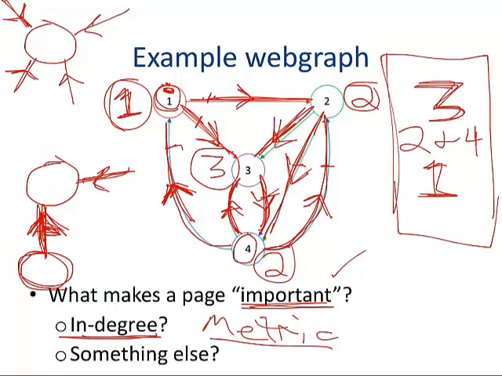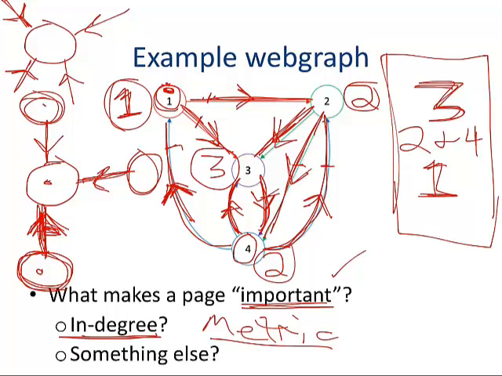So we have to have some way to weight this in degree notion by how important those other pages are. Each page's importance is going to be determined in some way by the importance of the pages that are pointing to it. So if I'm pointed to by 3 pages, that could be great.